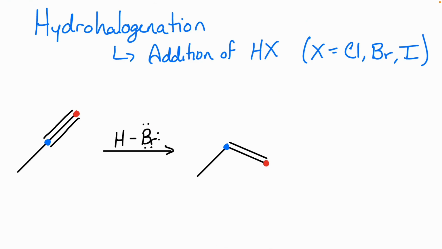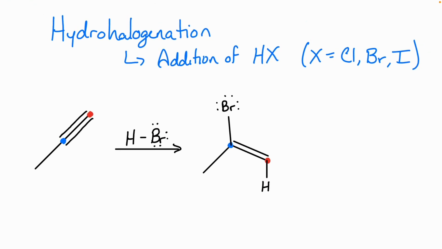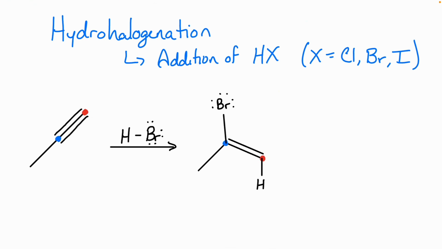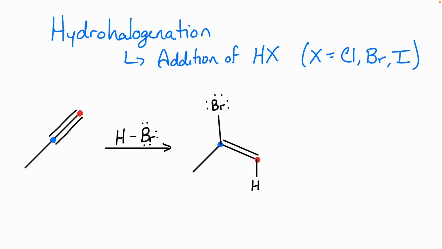Blue, to the more substituted carbon, just like we saw before. The hydrogen will be added to our less substituted carbon. All right, the only big difference here is that now our product is an alkene.